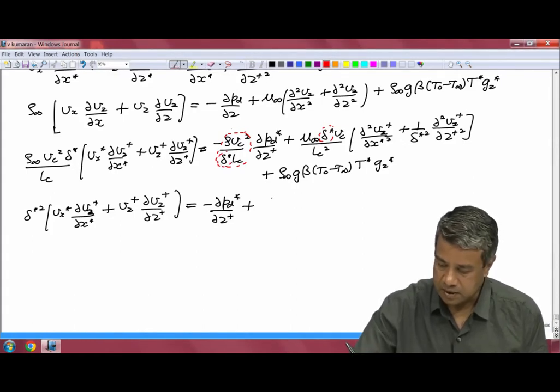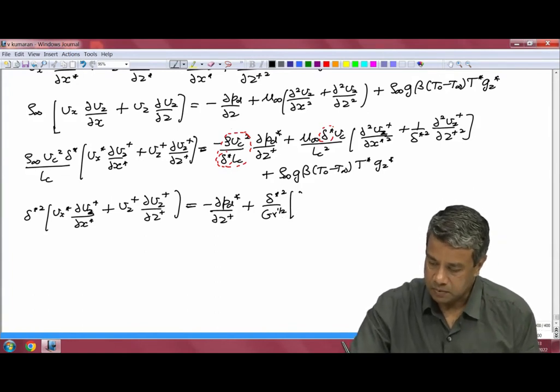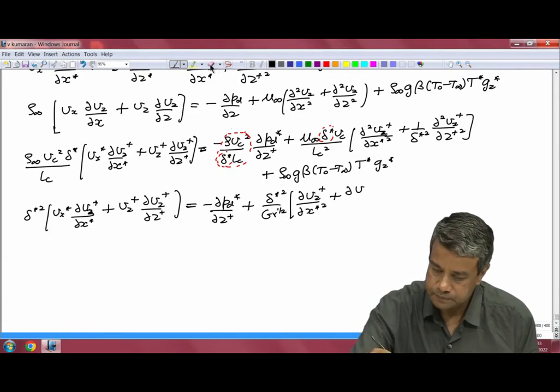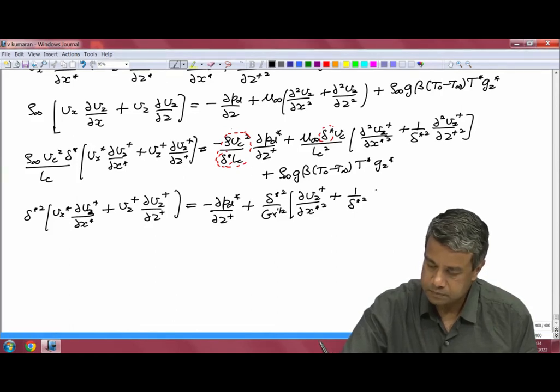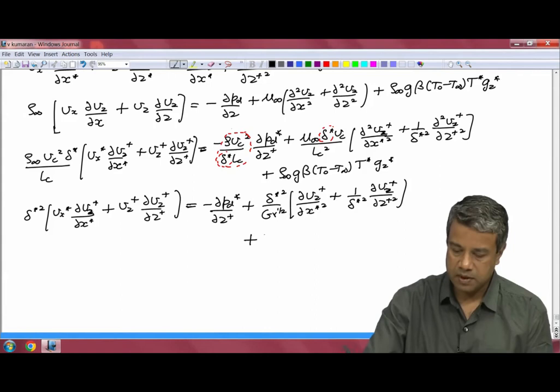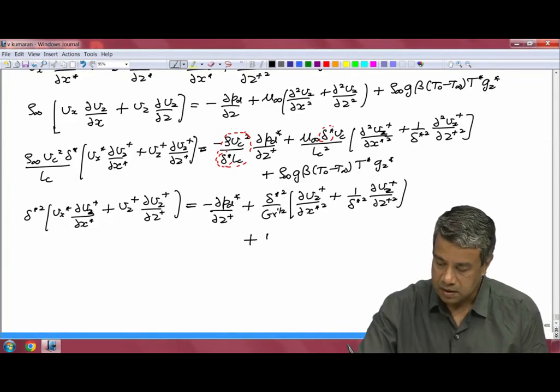So, I will get delta star square by Grashof number to the half, into partial Vz plus by partial x star square plus partial square Vz plus, plus this body force term. Once again, I have scaled it by rho Vc square by delta into Lc. So, I will get a factor of delta star here into T.